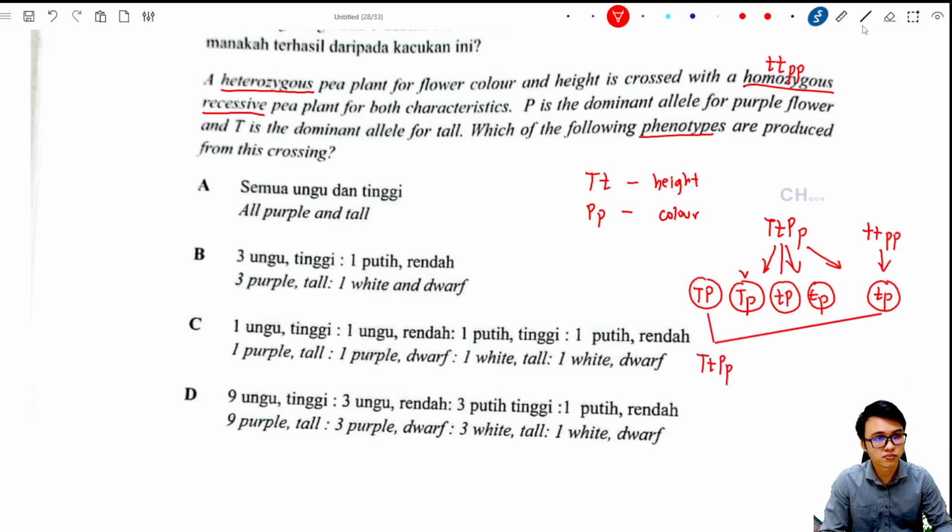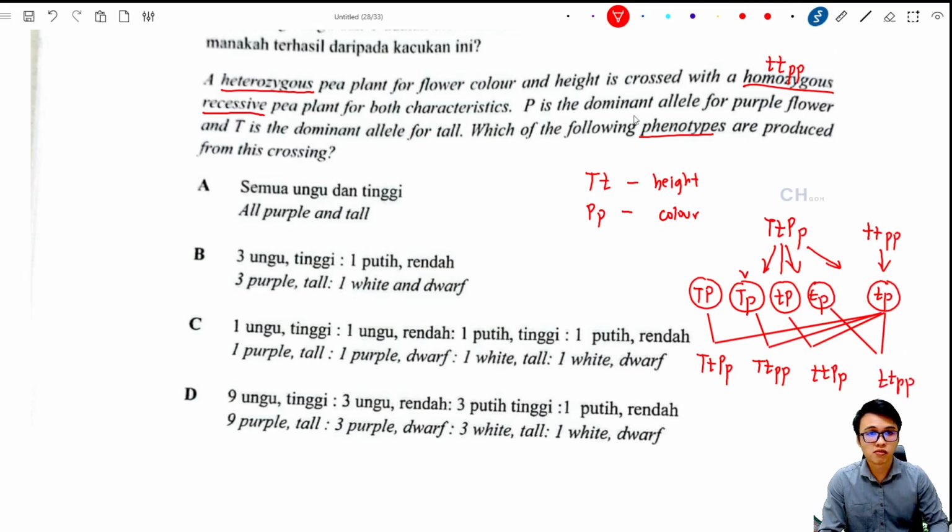Okay, the first one. Cross again. Big T, small t, small p, small p. Cross again. Small t, big P, small p. One more, guys. Small t, small t, small p, small p.